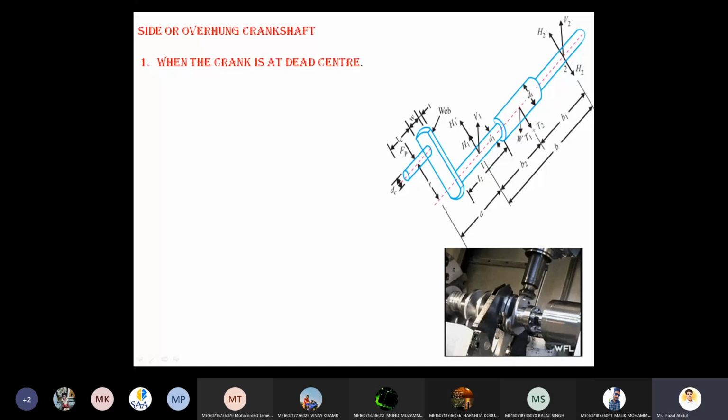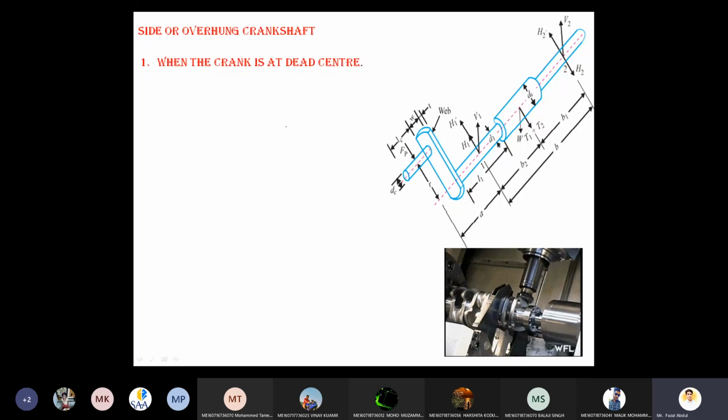This side crankshaft, the single overhang crankshaft, we also have to design in the same manner as we discussed in the previous topic. For the center crankshaft we discussed two criteria. First, at the dead center, the maximum bending moment. Second, at an angle, the maximum twisting moment. Based on these two criteria we design the crankshaft.